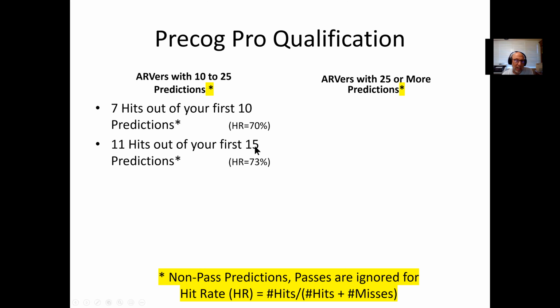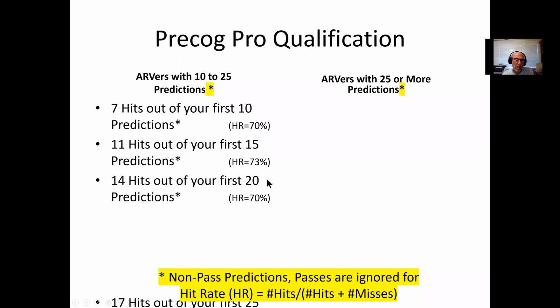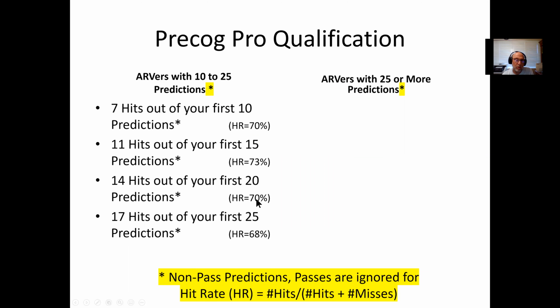If you've got 11 hits out of your first 15, you're in. That's a 73% hit rate. If you get 14 hits out of your first 20, that's 70%, you're in. And if you get 17 hits out of your first 25, that's actually 68%, but you're in.